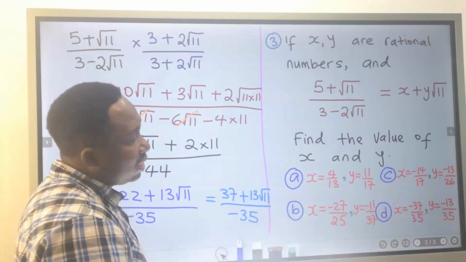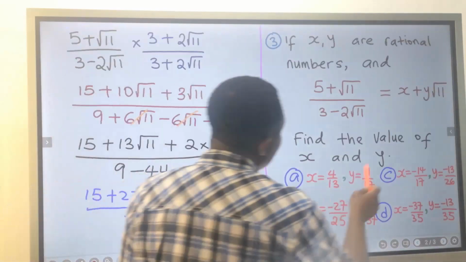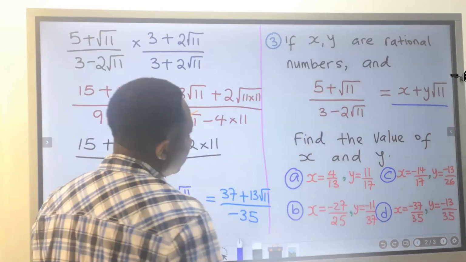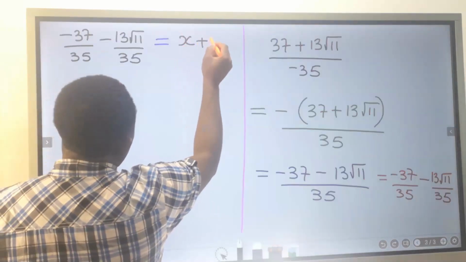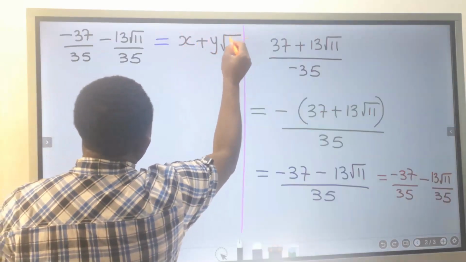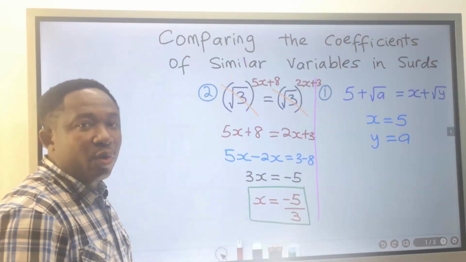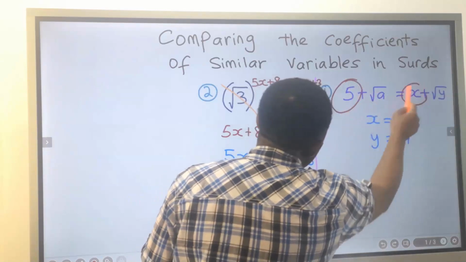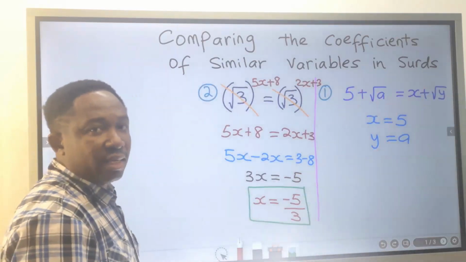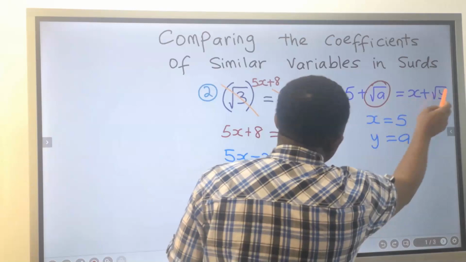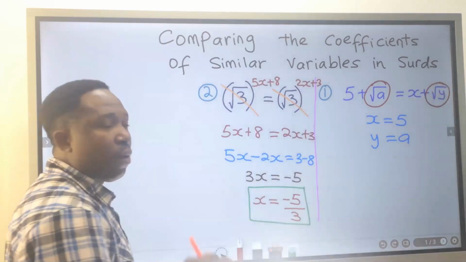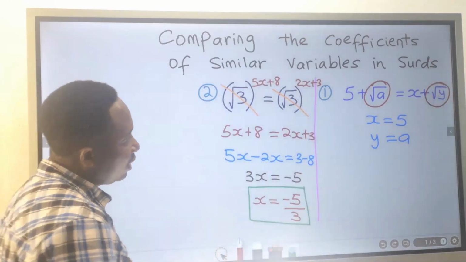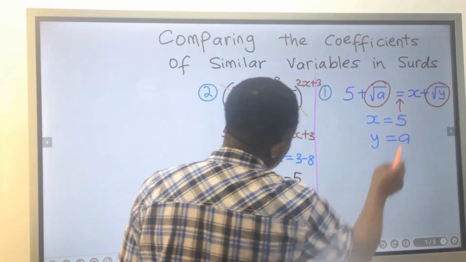I will equate the simplified value to x plus y multiplied by the square root of 11. I will compare the terms without the square root on both sides, then I will compare those with the square root on both sides of the equal sign.